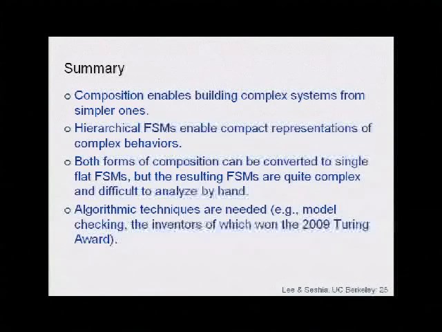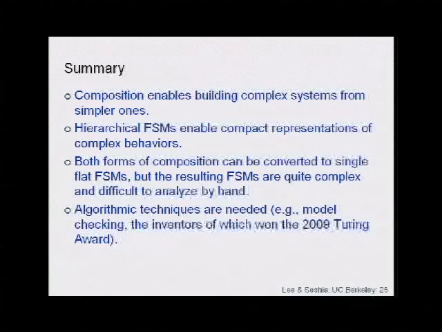Okay. So to summarize, in the last class we talked about composition, right? Different ways of connecting actor models together, and you have syntactic composition, connecting in series or parallel or with feedback, and then you have semantic composition, which is synchronous, asynchronous. And today we talked about hierarchical state machines, which is a way of not doing concurrent composition, but you can build a more complex state machine by having refinements within individual states.